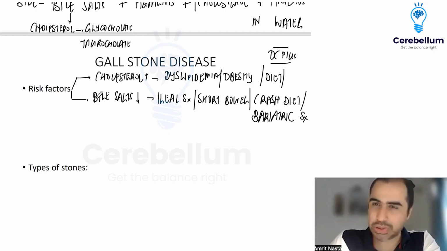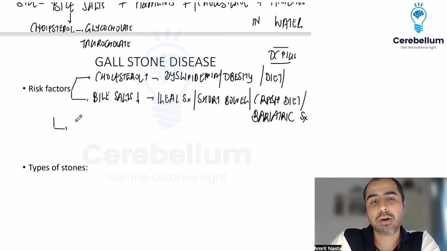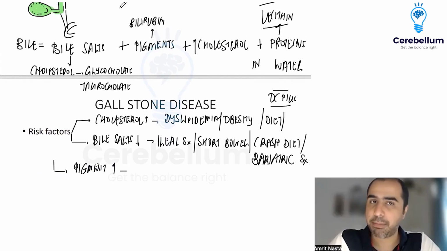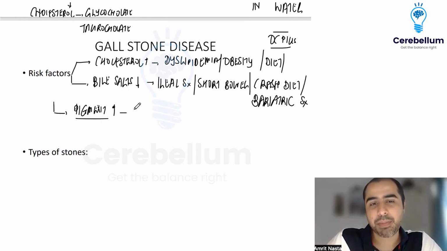So you understood why cholesterol stones happen. The other type of stones are called pigment stones, and they will happen because the pigments, like bilirubin, will increase. Why will the bile pigments increase? This is also very easy. This will happen when there is hemolytic anemia.